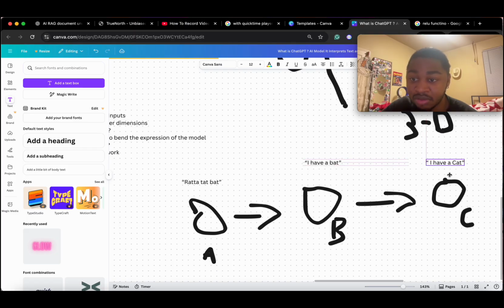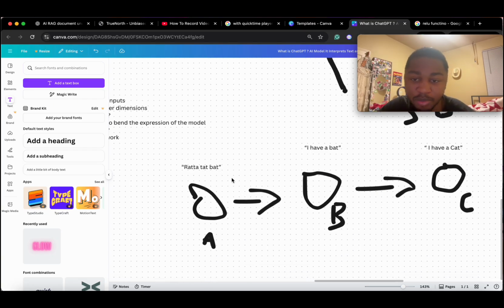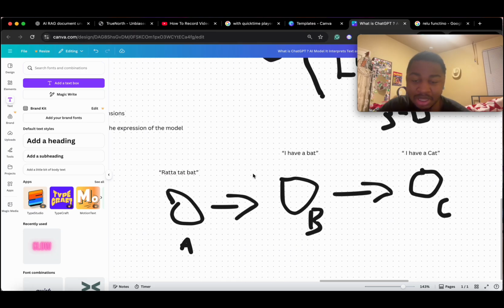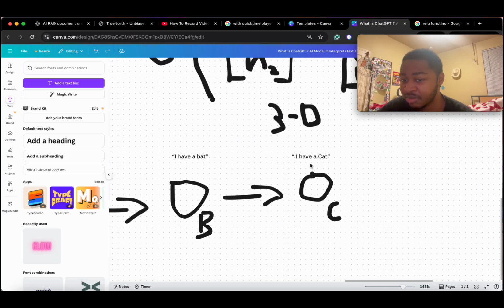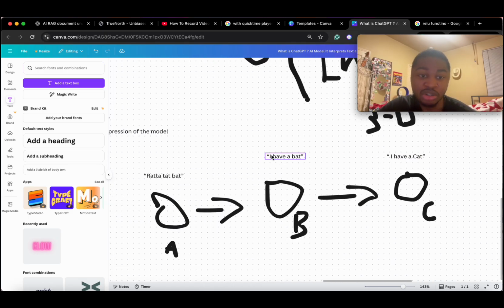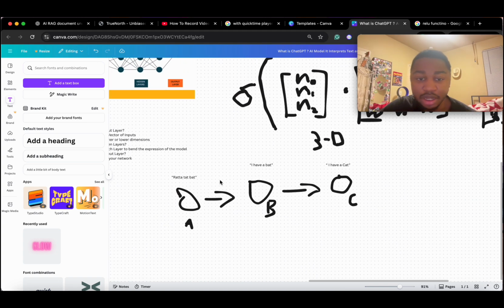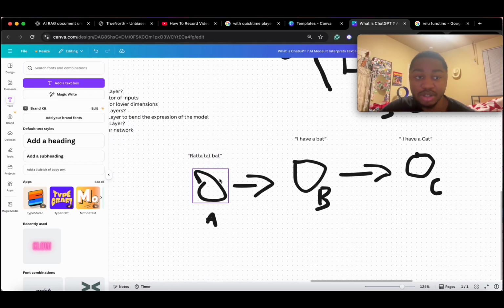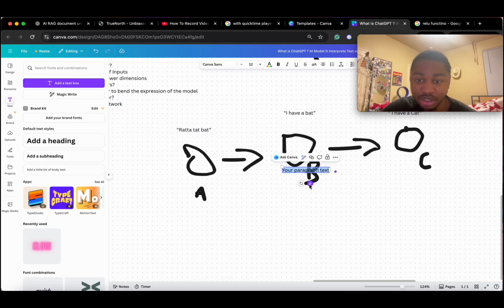The goal is, instead of the information degrading over time, we're getting more valuable insight from that information that might just be mid, right? So let's say from A we had rat-a-tat bat, then to B we had I have a bat, and finally at C we say I have a cat, which let's say was the original interpretation of whatever this is, but there was so much noise in the input data that we couldn't interpret that as humans. Right? So this is what I mean by the correlation between information and transformation.